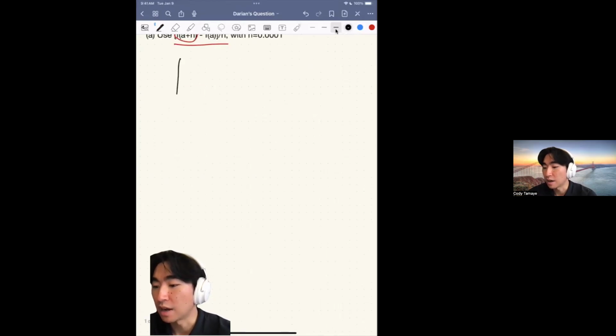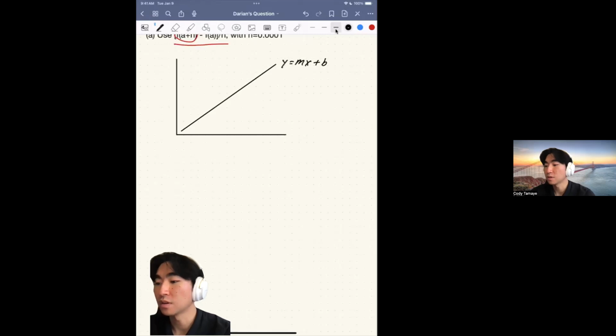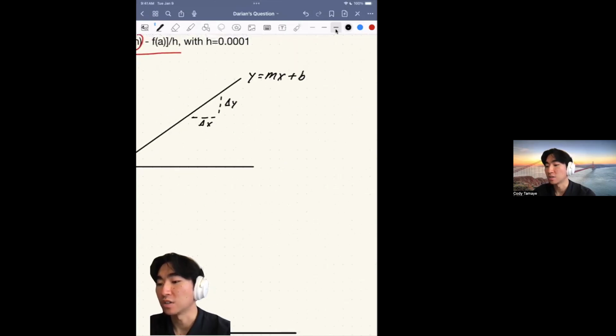When we have some linear function y, we know that it's defined as y equals mx plus b, where m is equal to the change in the vertical divided by the change in the x direction.